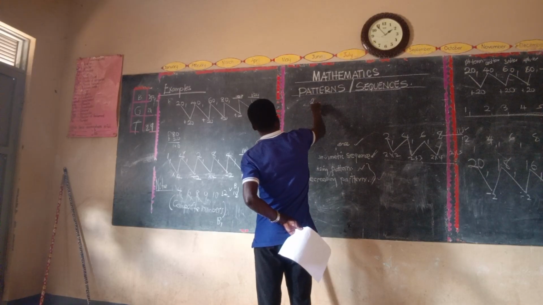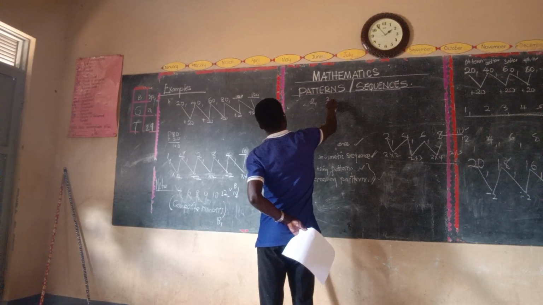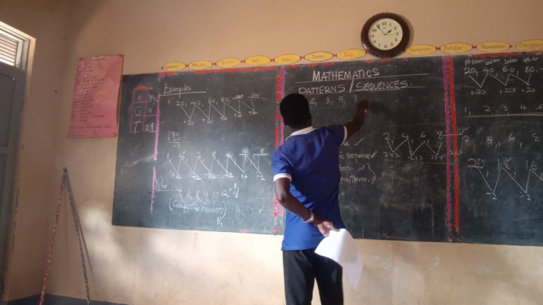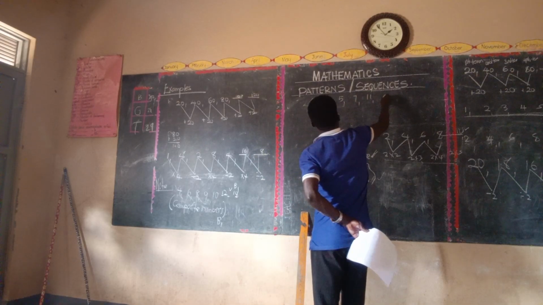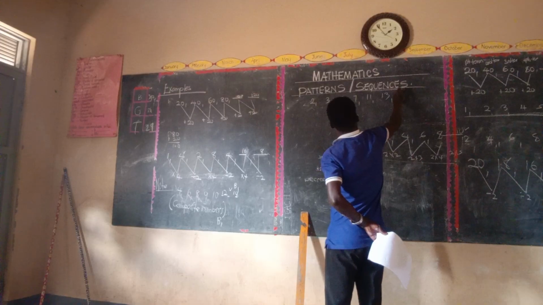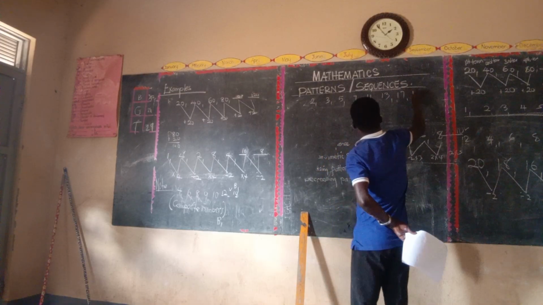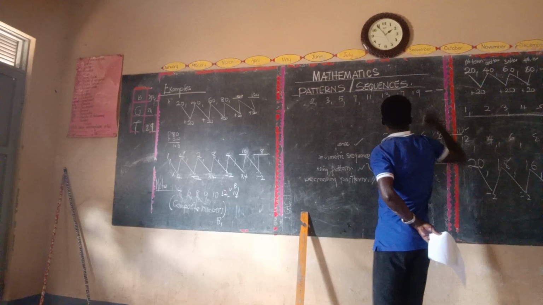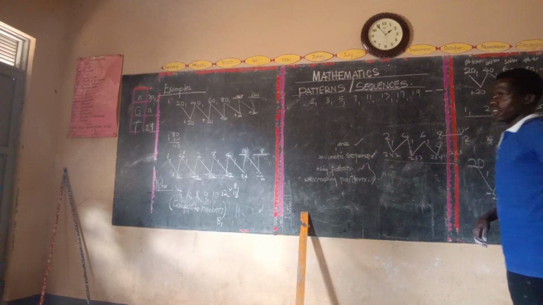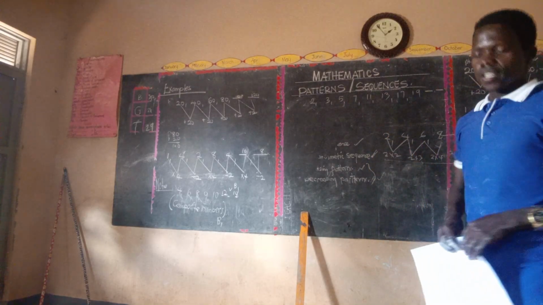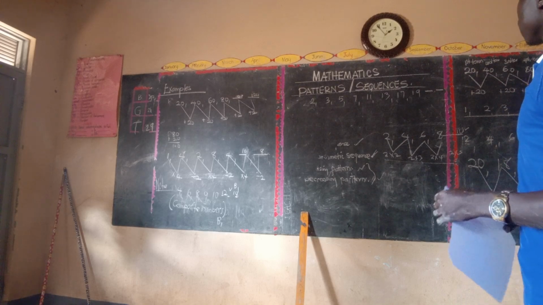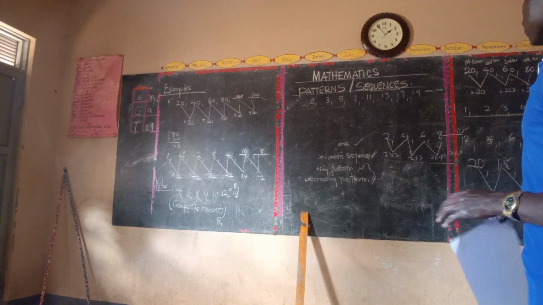The first prime number is 2, go to 3, go to 5, go to 7, go to 11, go to 13, go to 17, go to 19. Then when somebody says find the next number in the sequence, then you see this series. There is no need for you to obtain the patterns.